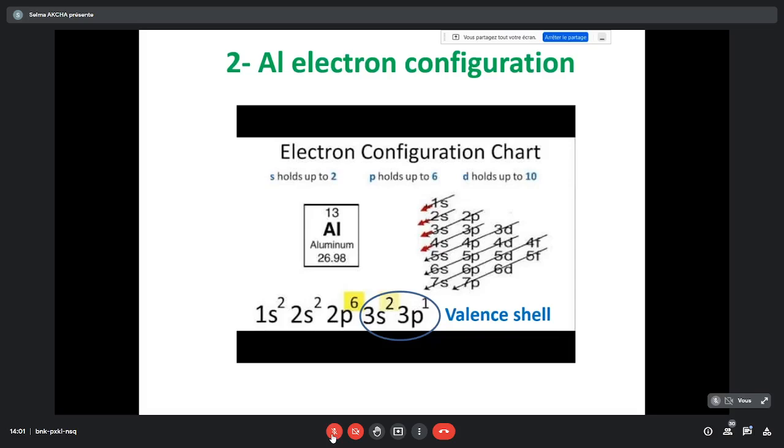In the case of the Klitschkowski rule without electrons, is the 4s more stable than the 3d or less stable? More stable.